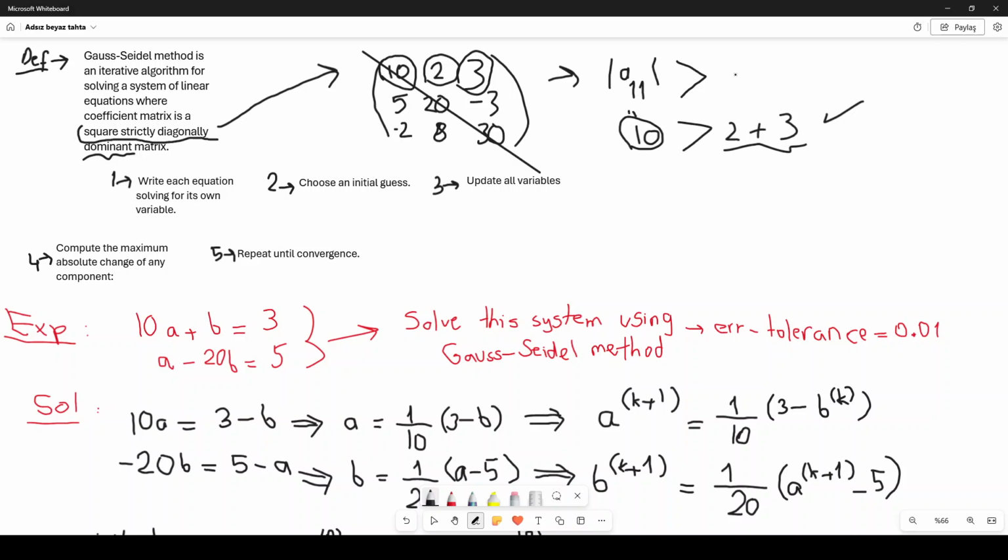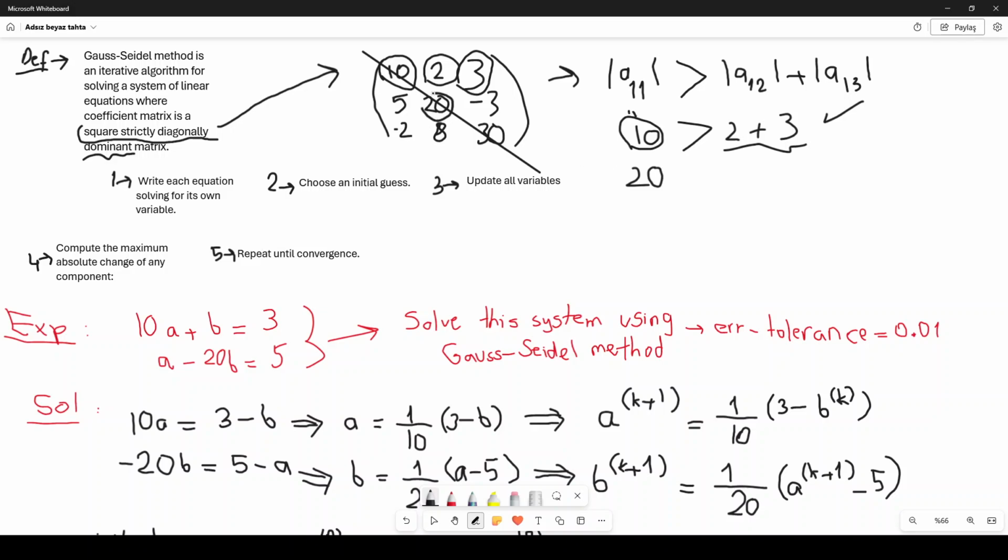So for the first row, A11 should be strictly greater than the sum of the absolute values of A12 plus A13. I check to see whether or not this property is satisfied. And for the second row, again, the diagonal entry is 20, right?